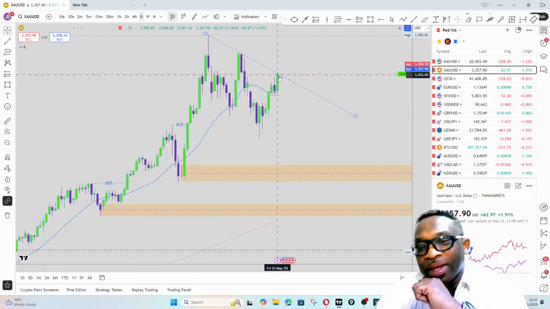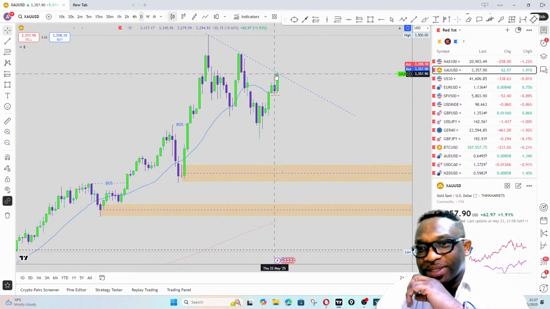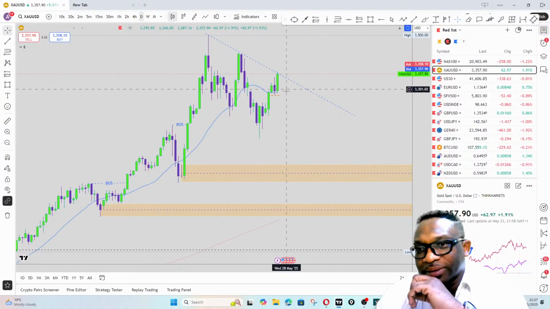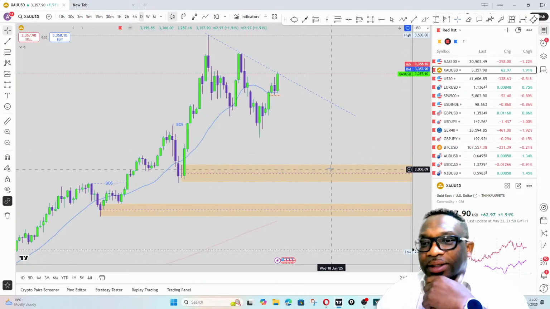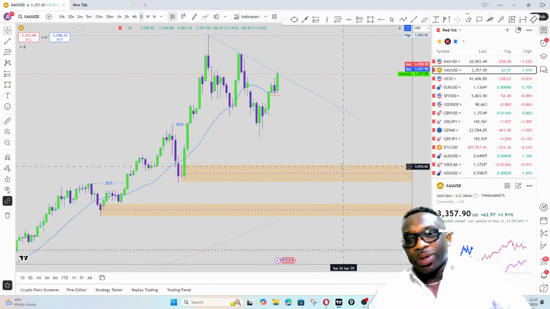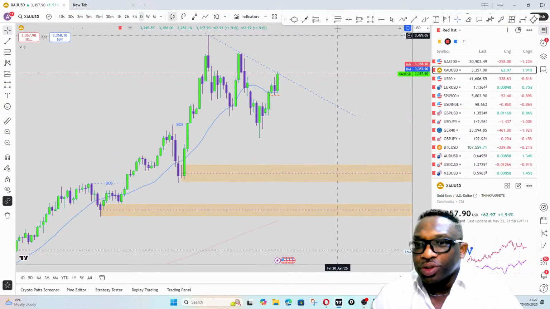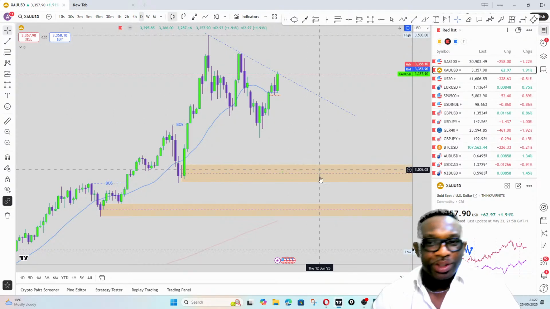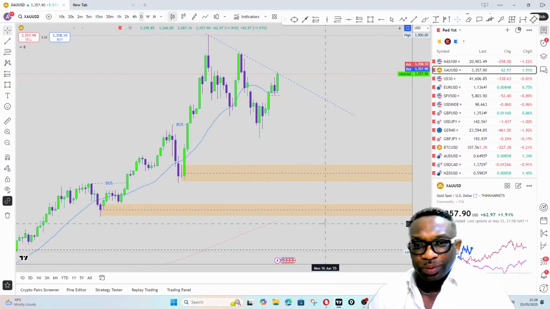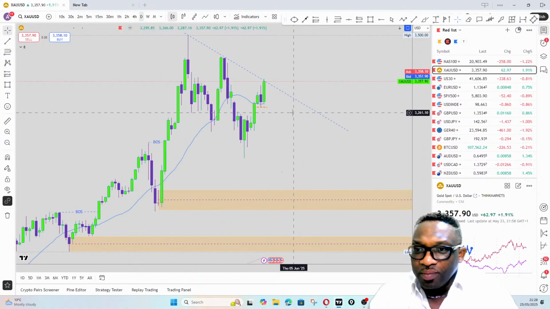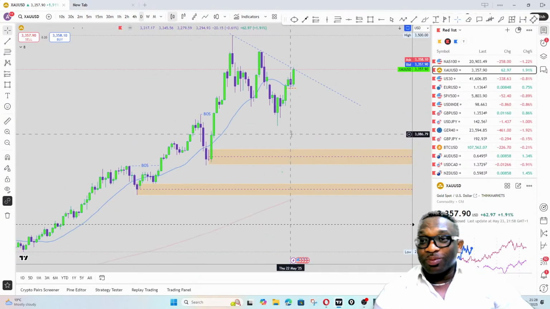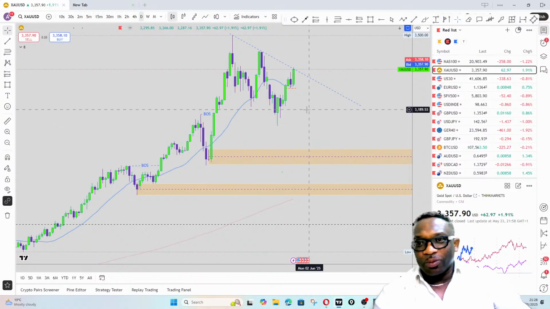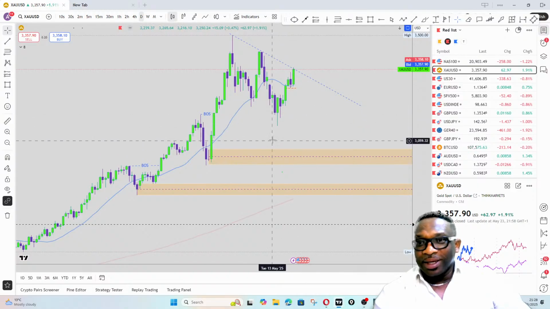So hoping if this area gets respected again, we can expect another push down to this zone, to tap into this zone before we either push up or we break below this zone to go further down.